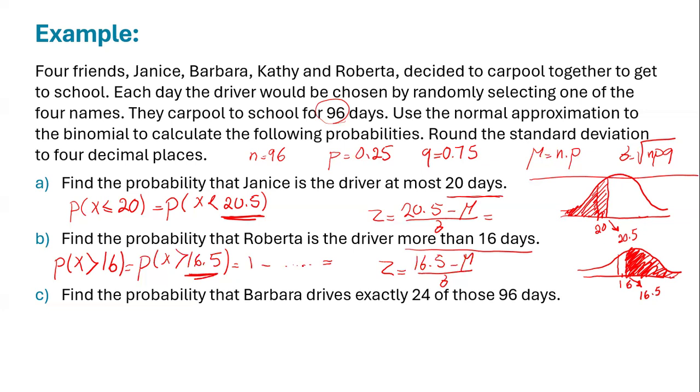And for part C, it says find the probability that Barbara drives exactly 24 of those 96 days. We want to find the probability when x is exactly equal to 24.